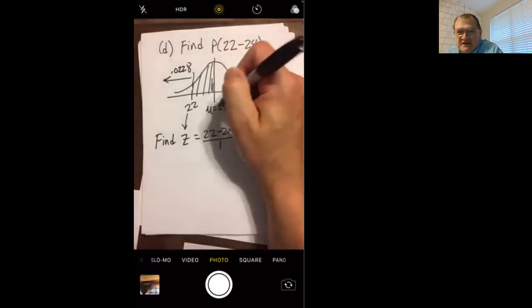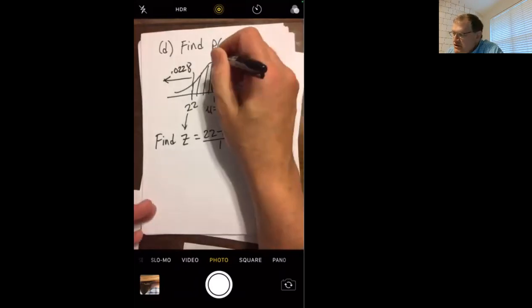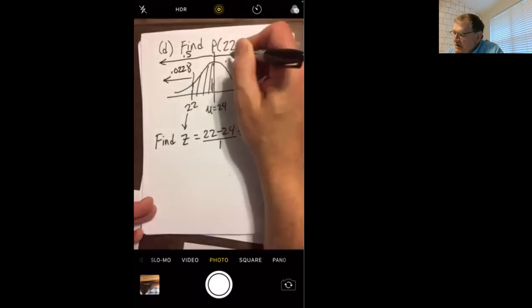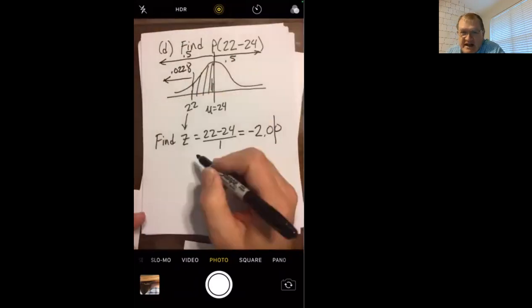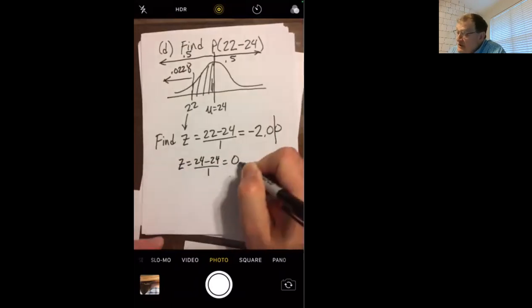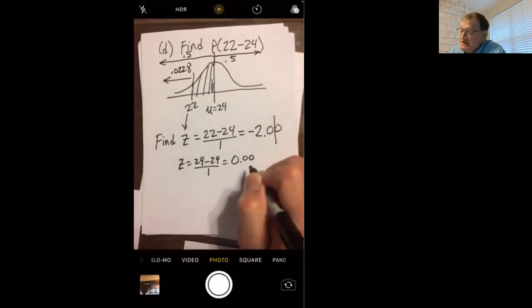You don't really have to look up 24. You should remember that it's 0.5 each side of that center. If you did want to look it up, you'd have 24 minus 24 divided by 1. That's 0. Believe it or not, you can look this up.